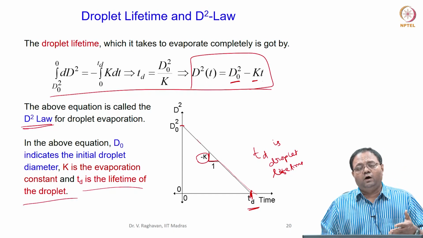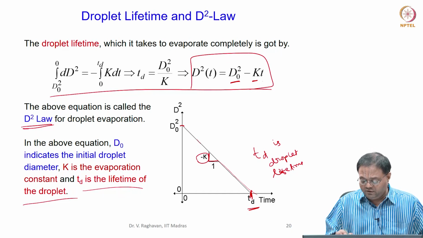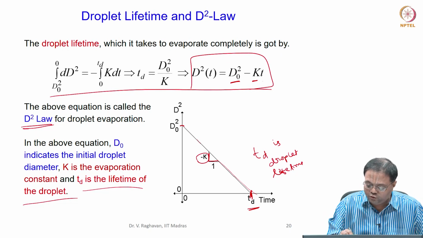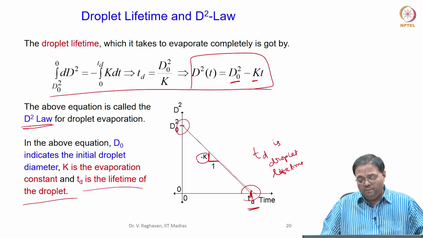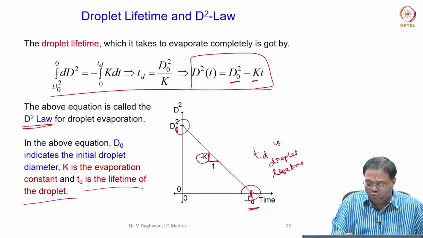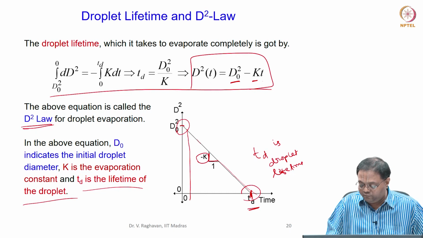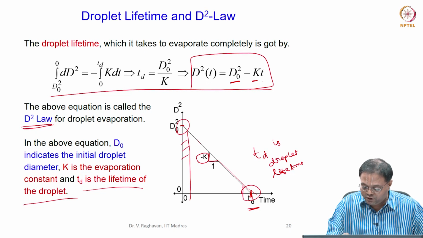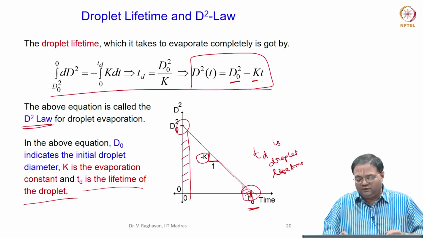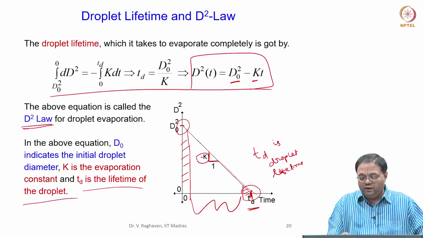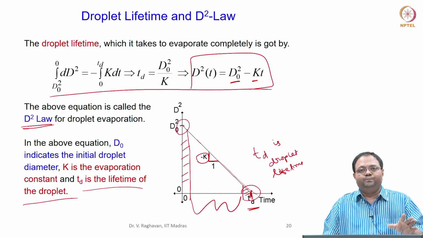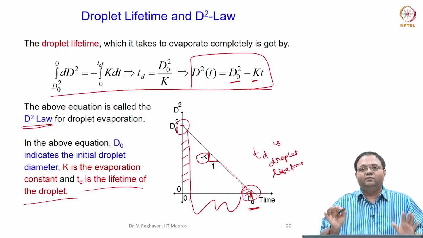The d square law is obeyed because initially there will be only some small variation during this part. Excluding these small time periods, here I am hatching, most of the time period the evaporation will be steady. That means it will be a straight line.